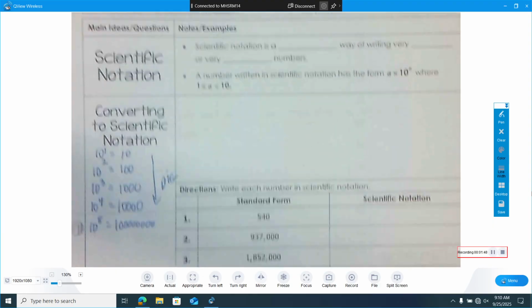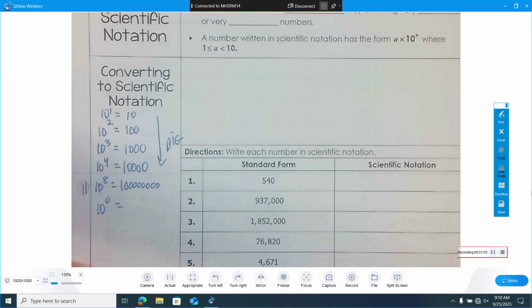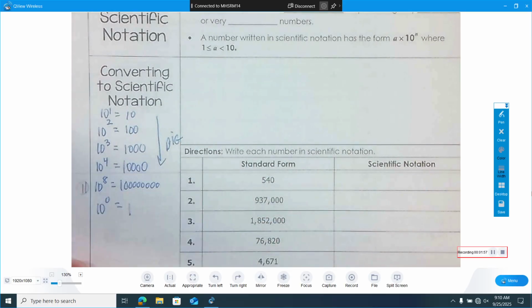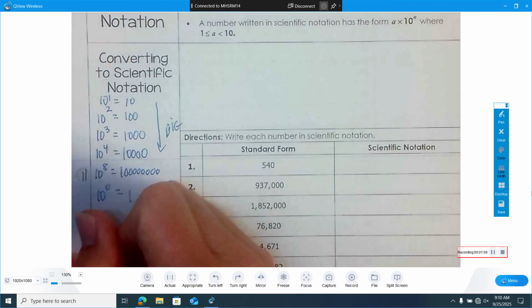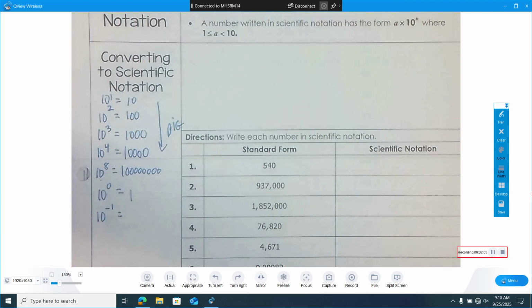Okay? So what is 10 to a power of 0? 1. Oh, very good. What is 10 to the negative 1? Is it happy or sad?